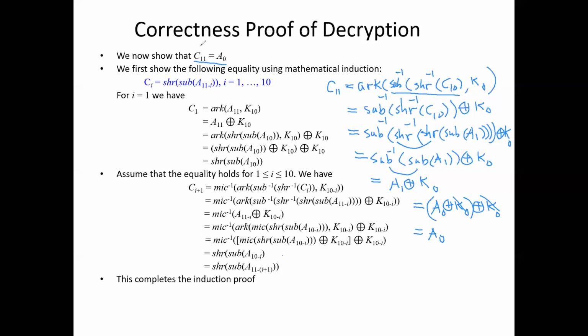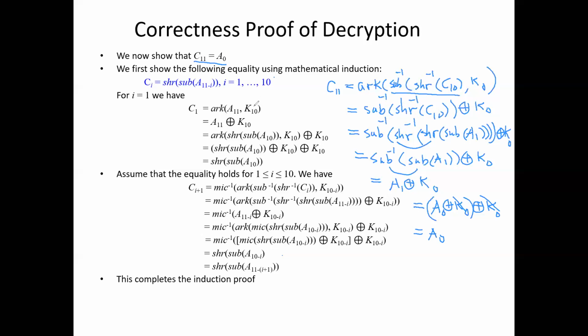So now let's see how we do the induction proof. So I is from 1 to 10. Let's look at when I is equal to 1. By definition, C1 is equal to A11, K0.